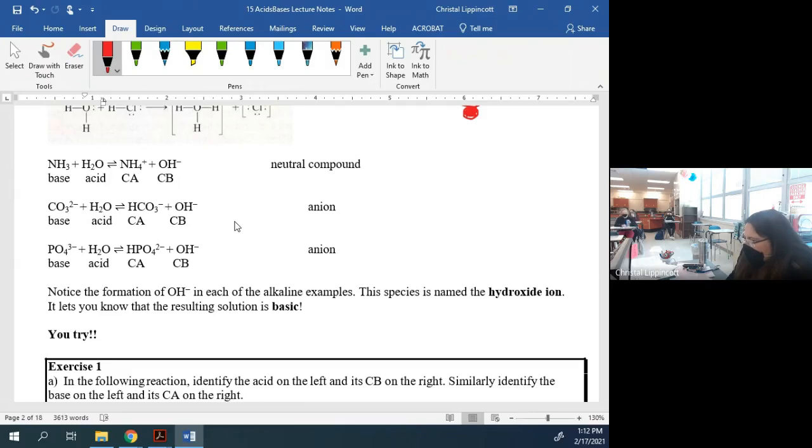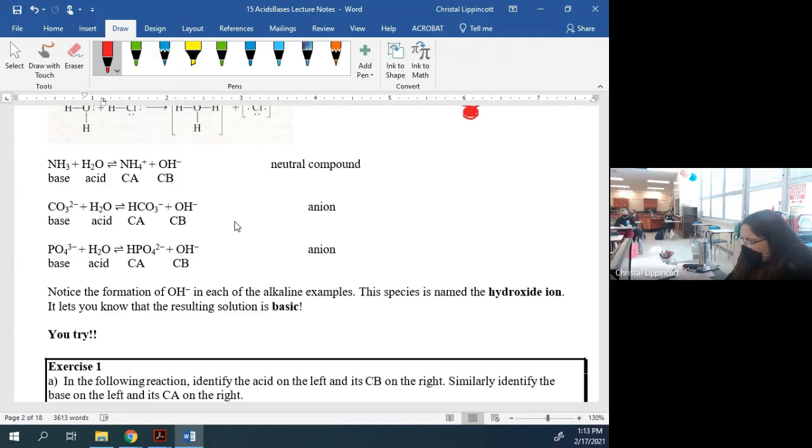This then will be without a hydrogen. So you've got hydroxide ion here. Okay. This is a base. This is its conjugate acid, and we're forming an anion here.